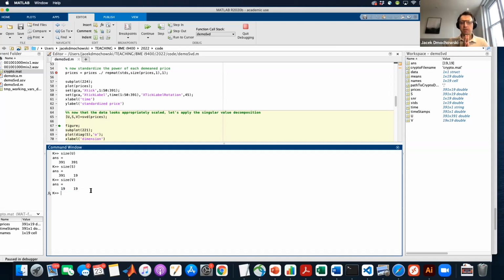The way to think about this, and the reason I chose cryptocurrencies and not, for example, images, is that if you have an image, both dimensions measure the same thing. Both dimensions are just pixels, width and height. But in cryptocurrency, the two dimensions of my data array are qualitatively different.